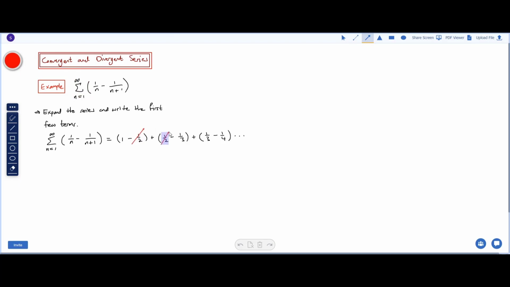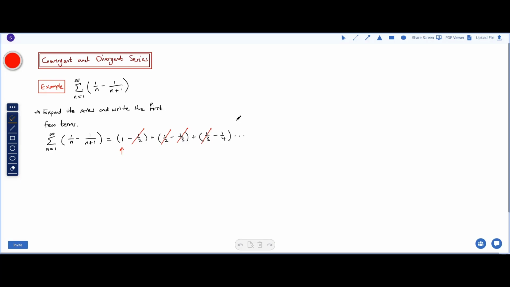So this cancels with this, this cancels with this, and so on. It looks like you're only going to have 1 remaining. The 1/4 would continue, it would just keep canceling.